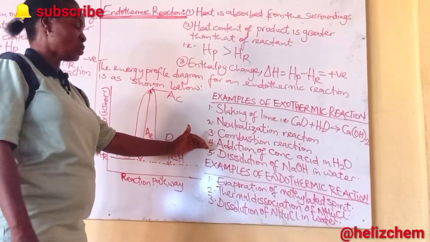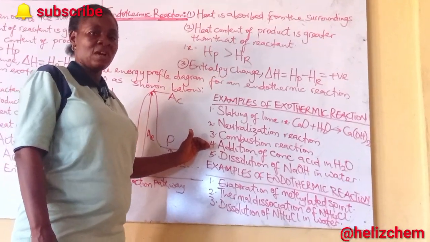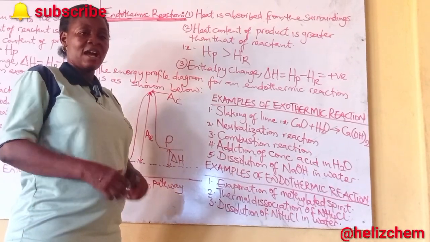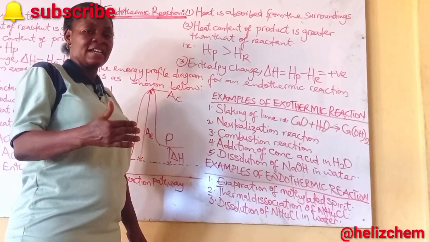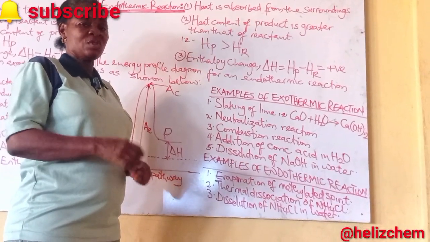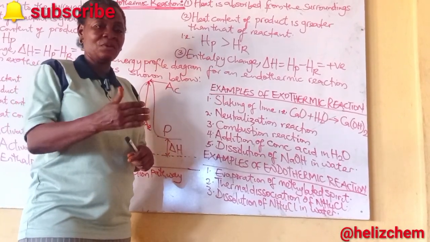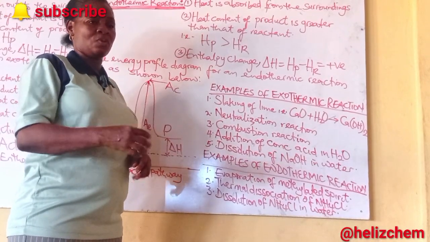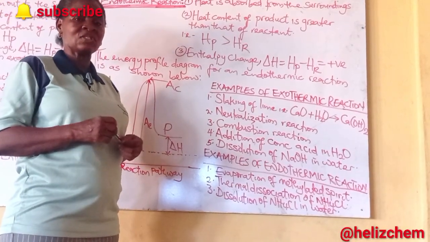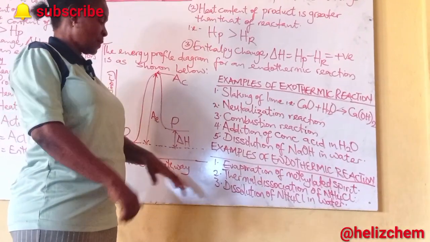The same thing happens to addition of caustic soda. If you add caustic soda in water and you feel the side of the container, it will give you a very hot feel. You will feel that it is very hot, and that shows that the reaction is exothermic.